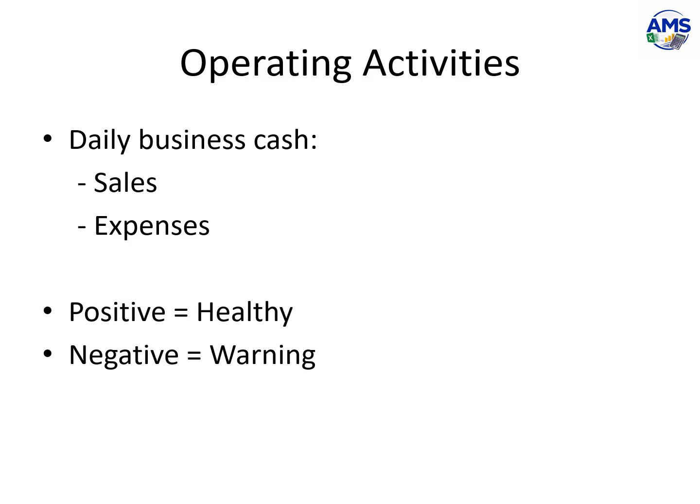Think of it like your daily survival cash. If this section is positive, it means your business is healthy. If it's negative, it means your business may be in trouble.